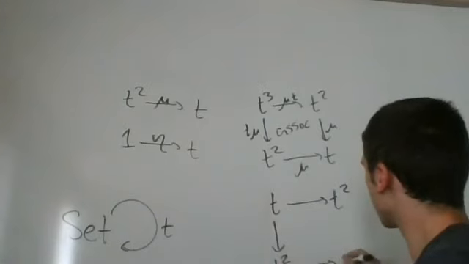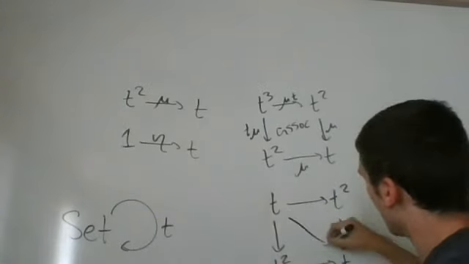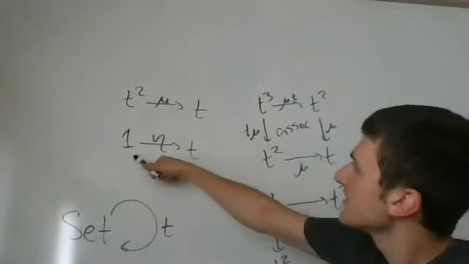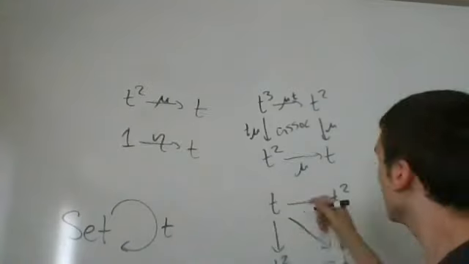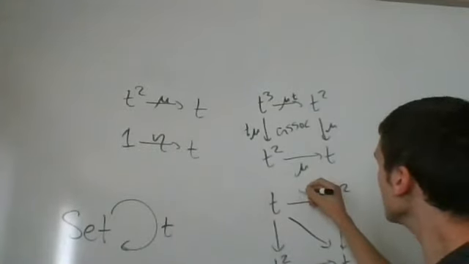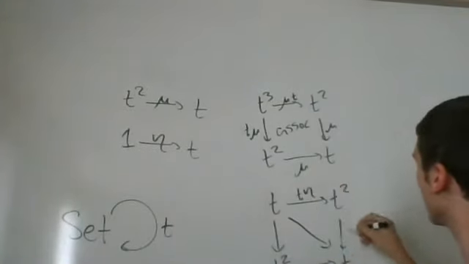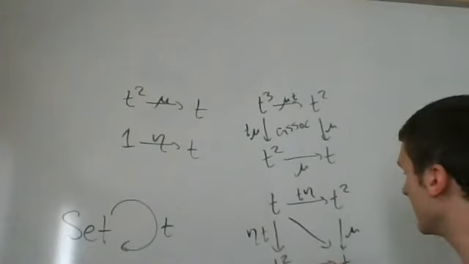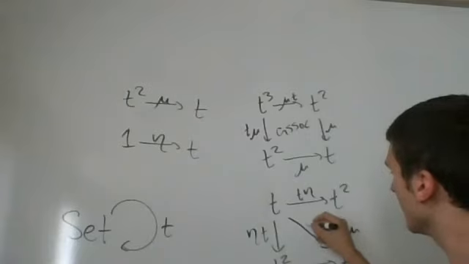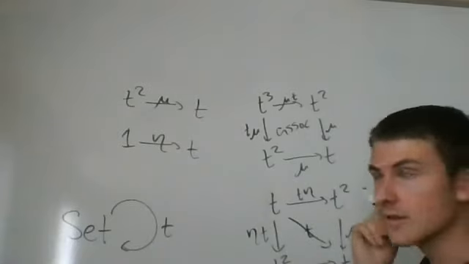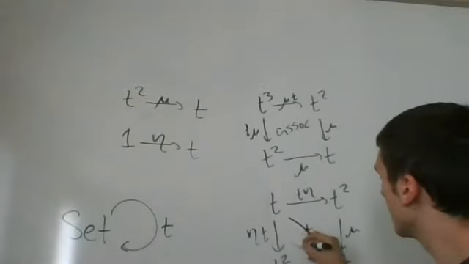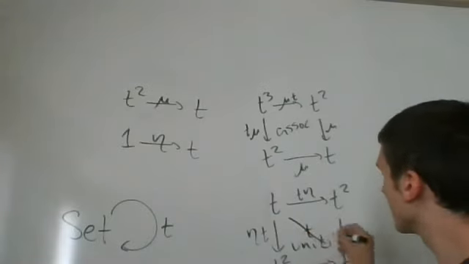Same thing as last time: if we adjoin this unit and we do Tn and then multiply, or eta T and then multiply, it's like doing nothing. So this is being a unit.